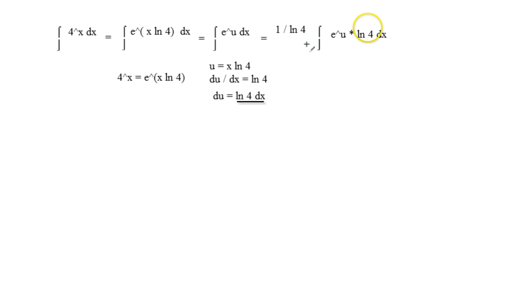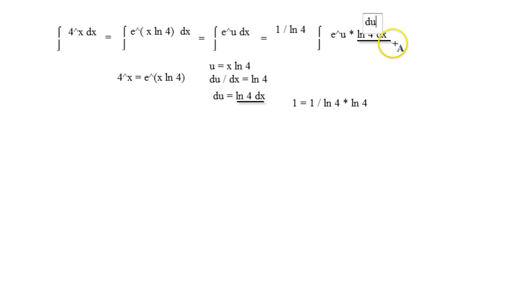Remember, 1 equals 1 divided by the natural log of 4 times the natural log of 4. That's hugely important to make it materialize, because in u substitution we get rid of this part and replace it with du.